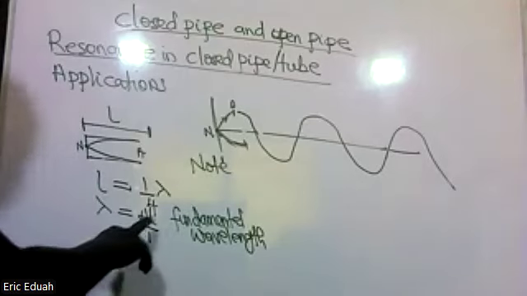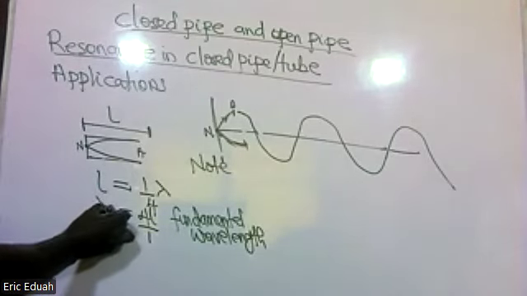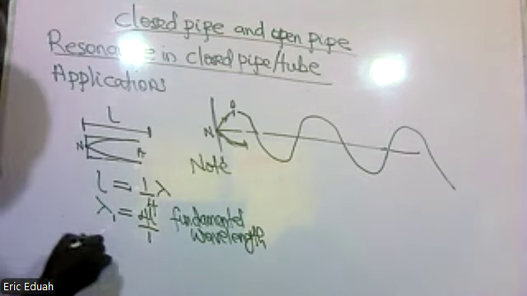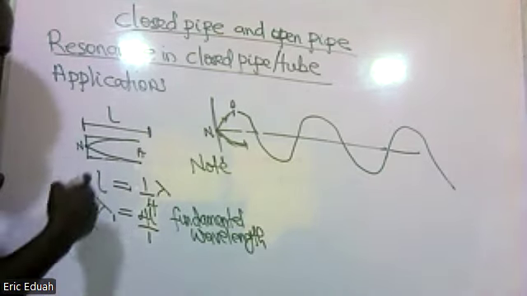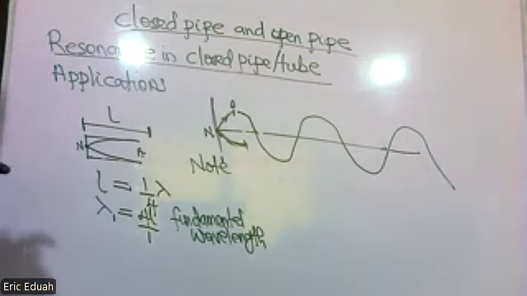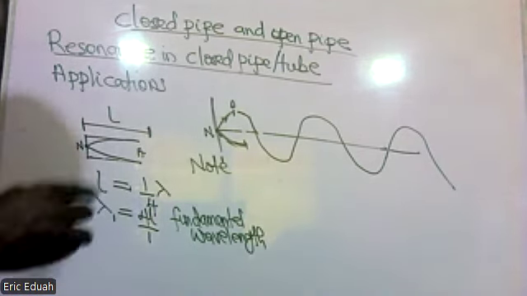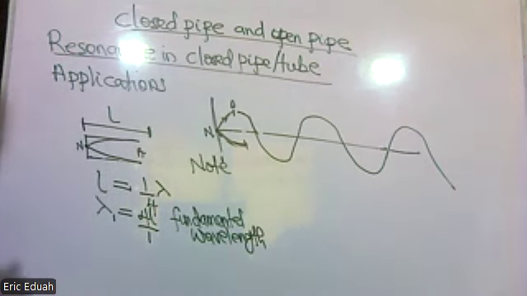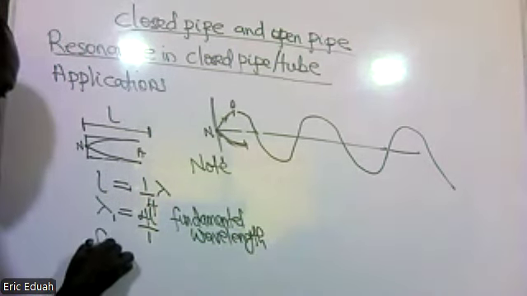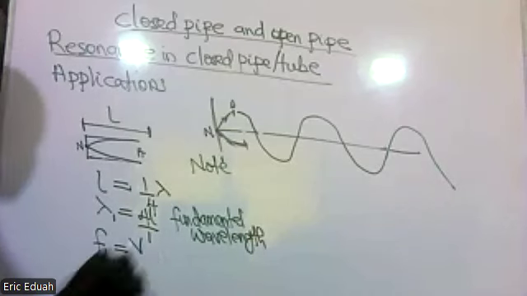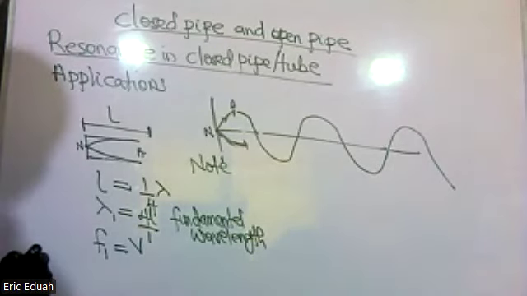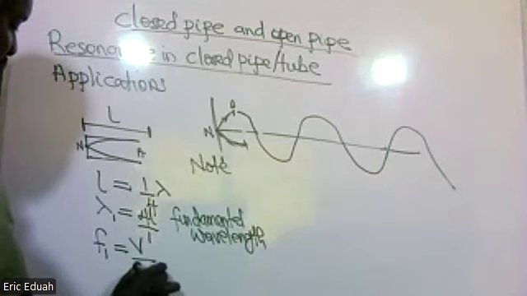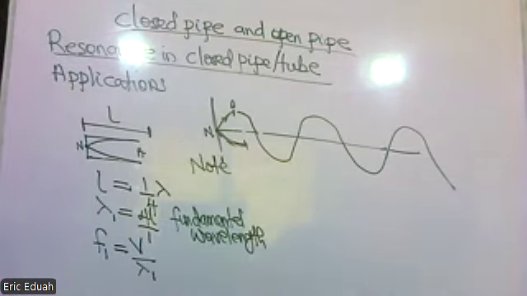So if this is the fundamental wavelength, lambda 1, what will be the fundamental frequency? Because it produces sound, we want to determine the frequency of the sound that will be produced by these notes. So F1 is equal to the velocity of sound in air divided by the fundamental wavelength, lambda 1.